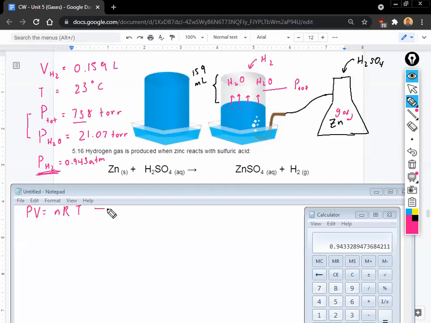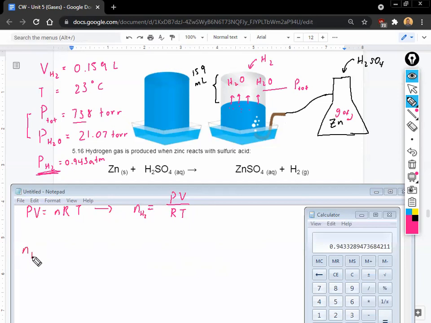And so what we can do is rearrange this equation to n equals PV divided by RT. Again, if you solved it out and just made sure the numbers were correct, that's fine. You'll get the same answer. I just like rearranging it so I can plug and chug in one go and finish it up. And again, we're looking for moles. This is n of H2. So I'm just going to specify that. If you didn't, that's fine.